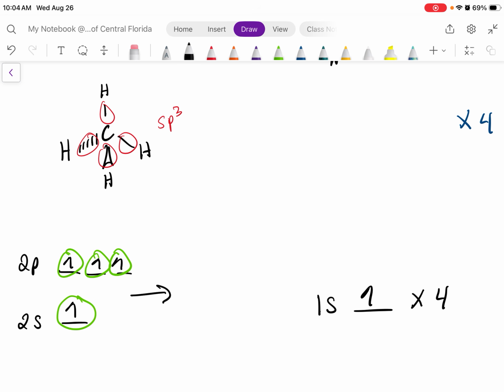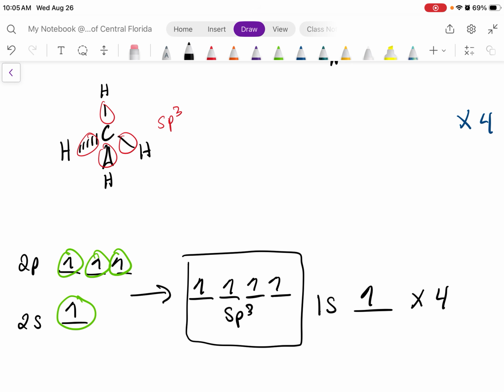And we're going to hybridize them to make them all degenerate, or all the same energy level. So that's our sp3 hybridized orbitals now. And it still has 4 electrons. We have those electrons that we have to account for in the bonding, and then 4 of those.